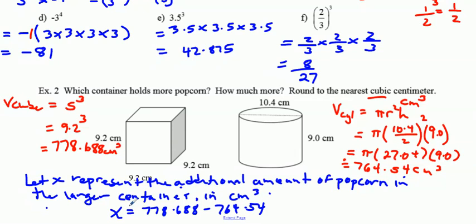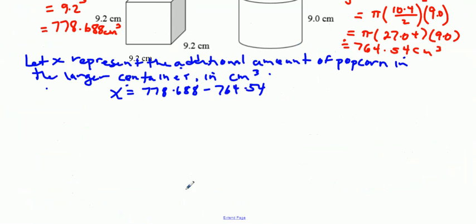And that's going to be an approximation because this number is already an approximation. And normally I would, let's see if I can extend that page down. So now, when I take my difference, it's going to be approximately 14.148, and when I round it, it's going to be 14 centimeters cubed.